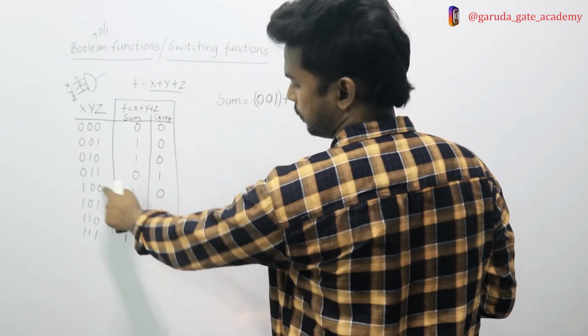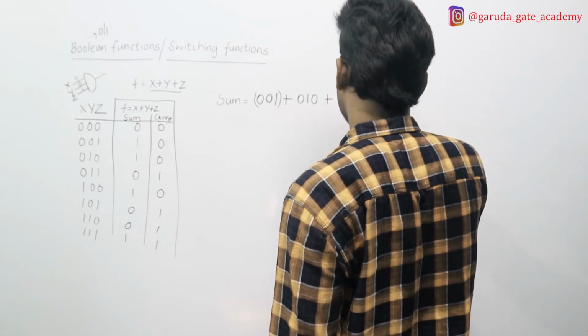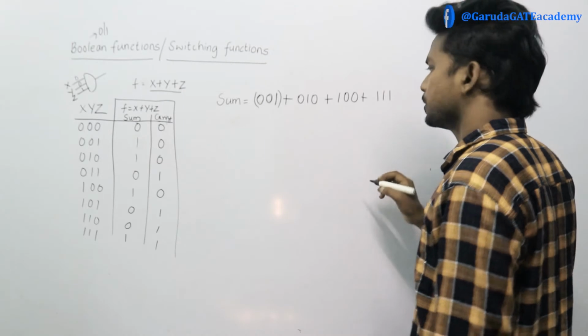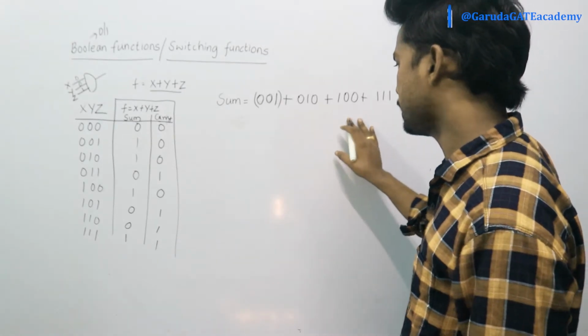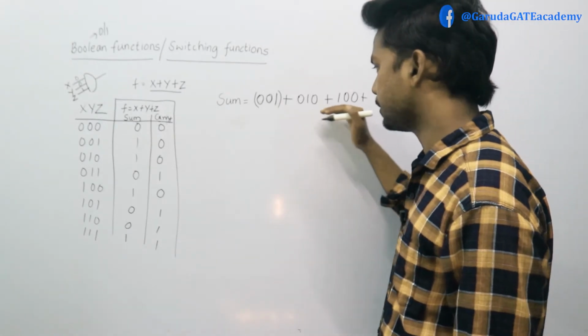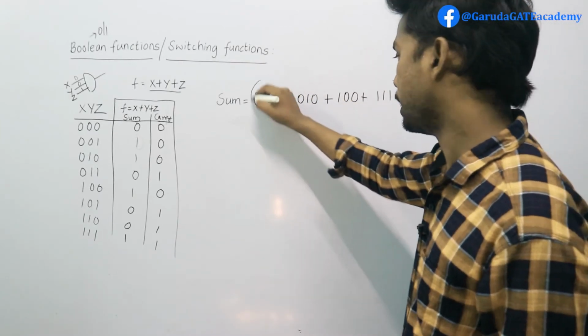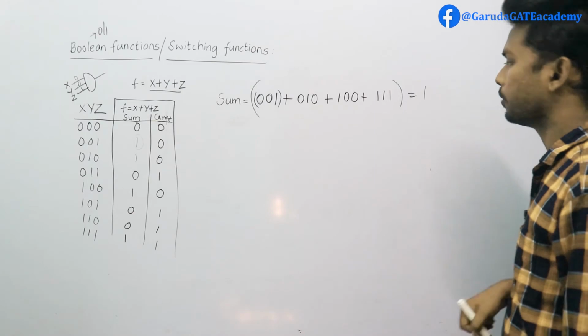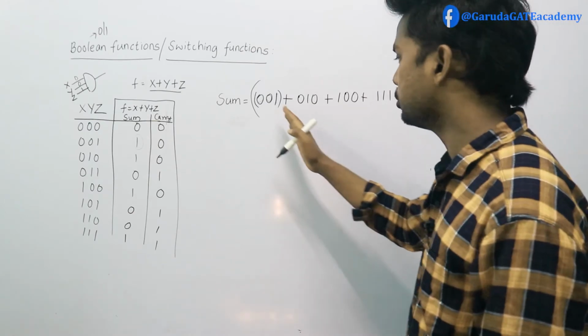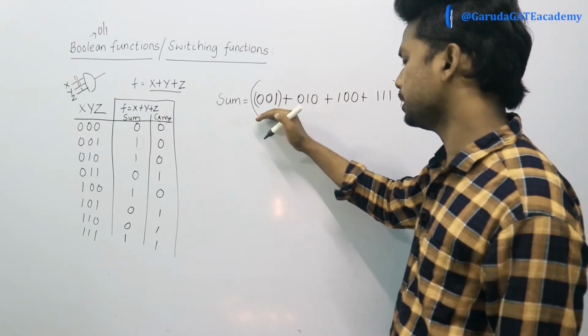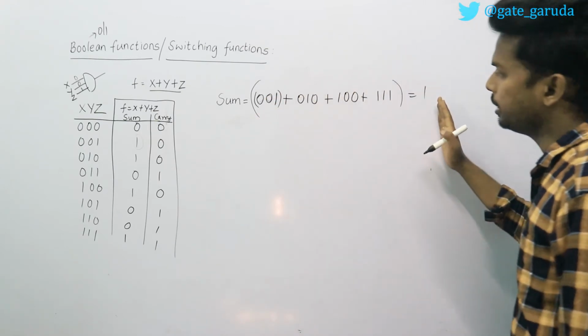And this one 1 0 0. And the last one 1 1 1. These are the values for which the function should show output as 1. There is no necessity for all 4 of them to be present. If one of the elements is present, then the function should be 1.